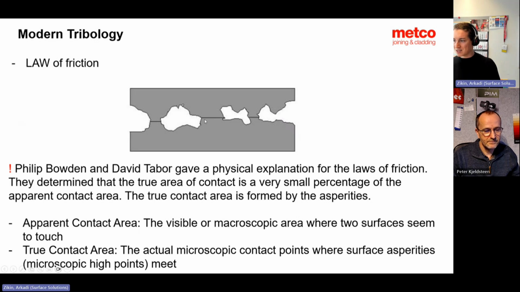What you see here is the real interaction area, and this is the law of friction. So you can influence friction by changing not only the material but also the surface roughness. You can imagine that if two parts are much better polished, you get different effects. Absolutely.